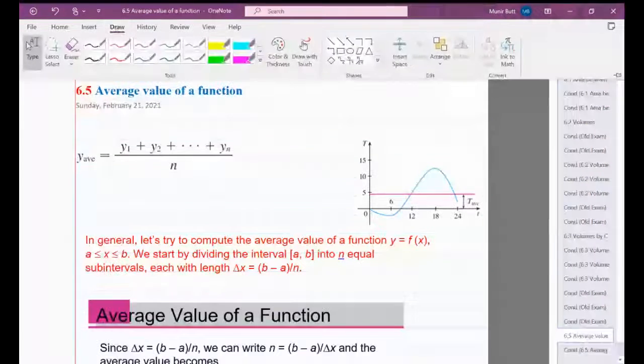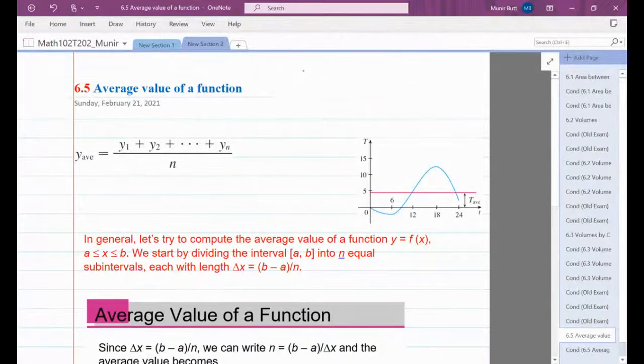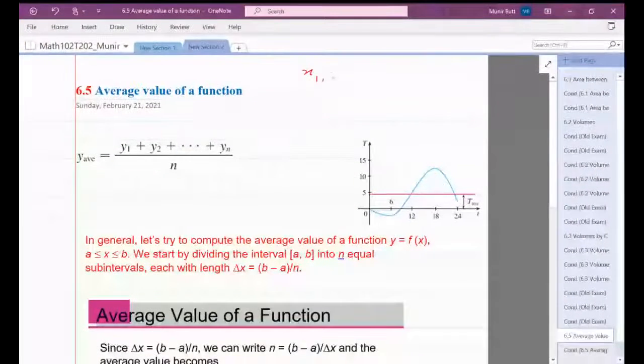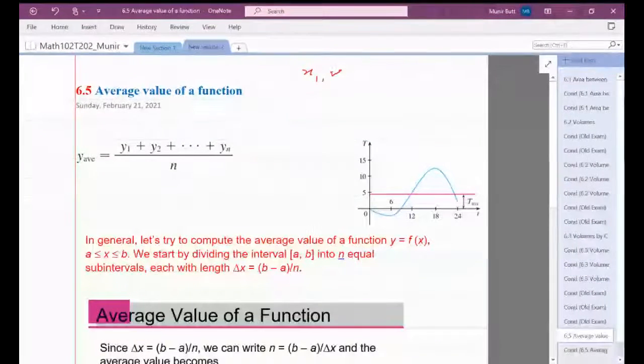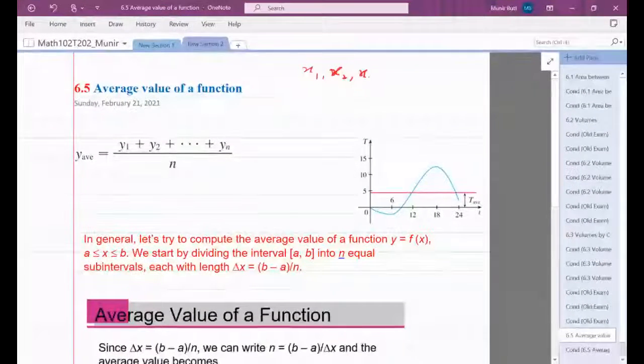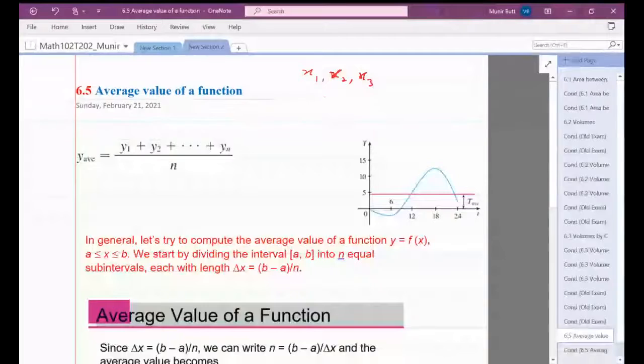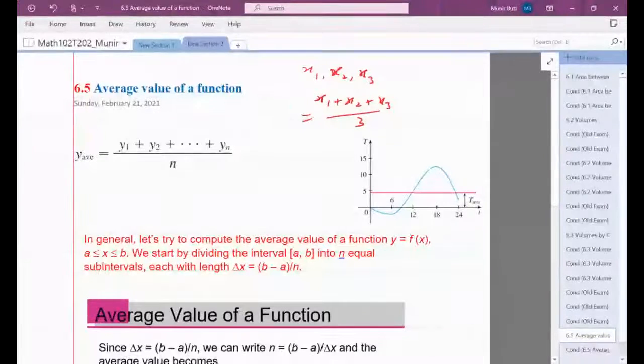From your previous knowledge, you know that if you have some values x1, x2 and x3, and you are asked to find the average value, you just add them and divide by 3. So this will be the average value.